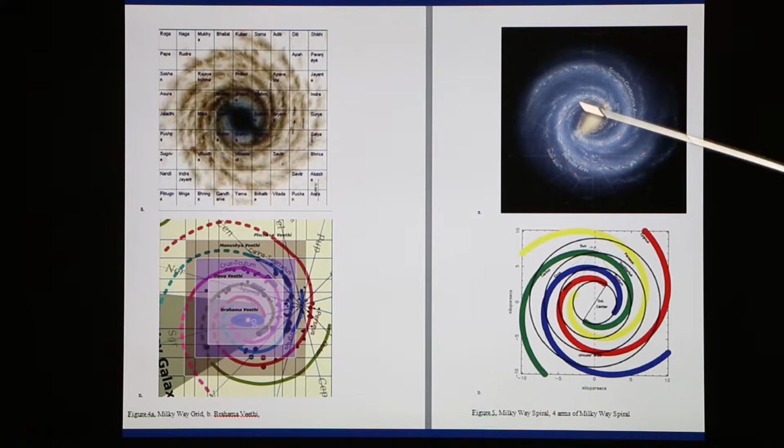Here is another version, and here is a modern drawing of these 4 arms. So now these 4 arms are really quite modern in astronomy, and yet both the ancient Russians and the ancient Hindus, in some way that is unexplained, must have known about them.